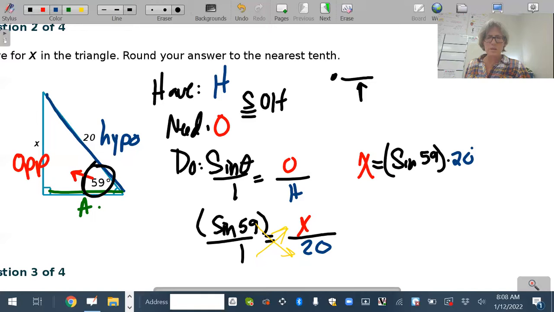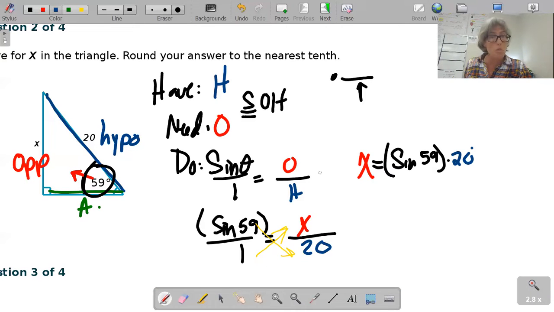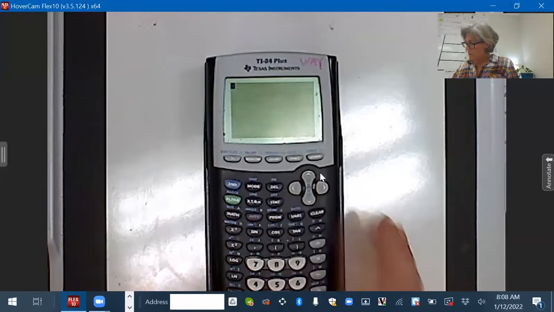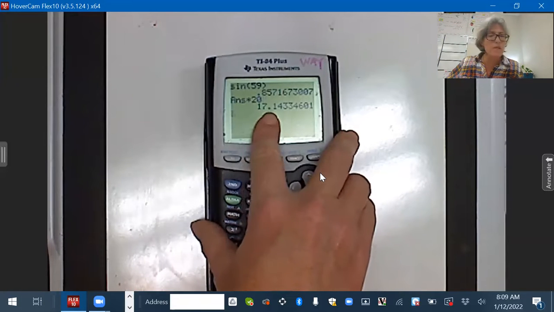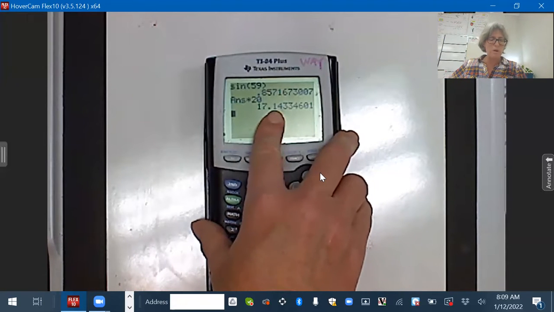So it is the sine of 59 times 20. So I do sine 59, enter, times 20, enter. Rounding to that first decimal place. Okay, sorry, didn't show the sine 59, parentheses, enter, times 20, enter. That's 17.1. First decimal would be 0.1.